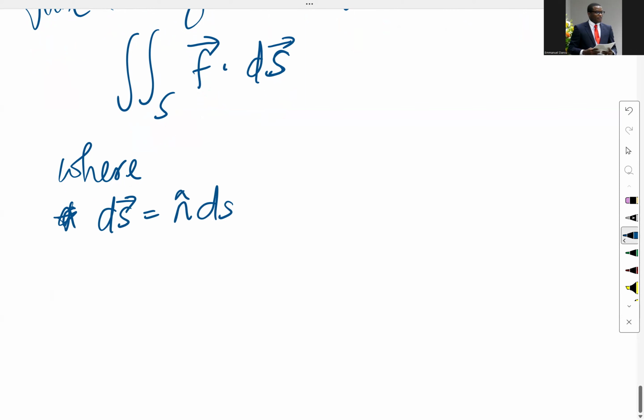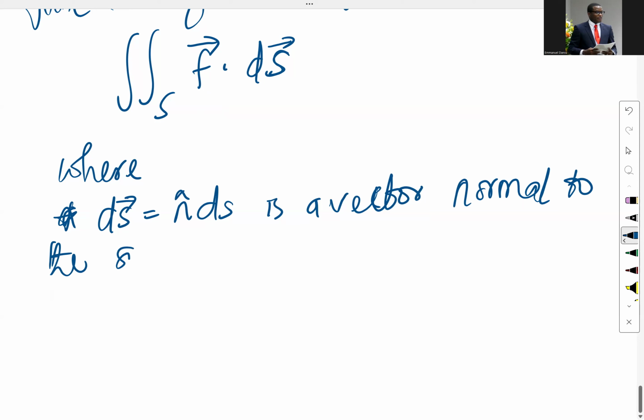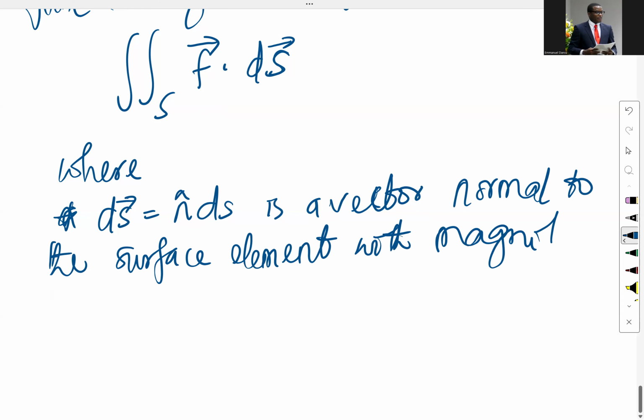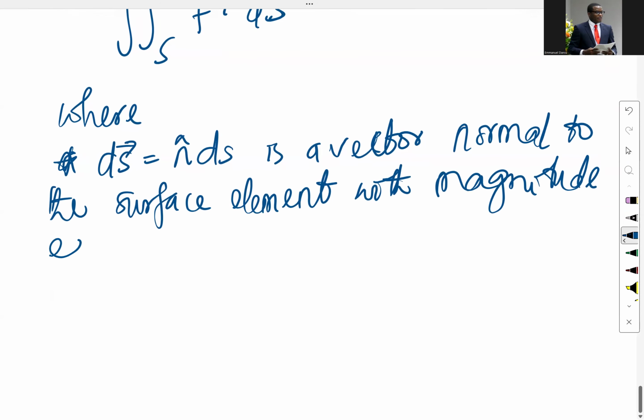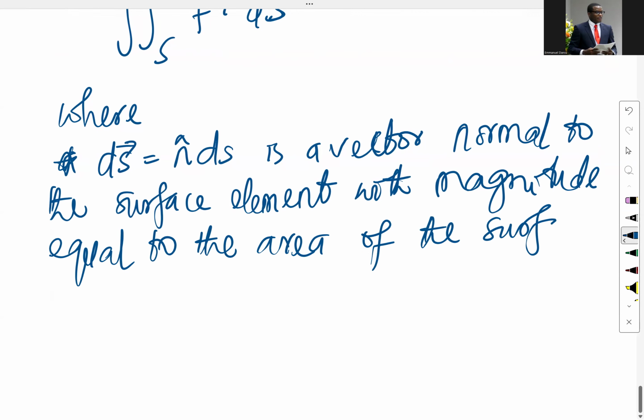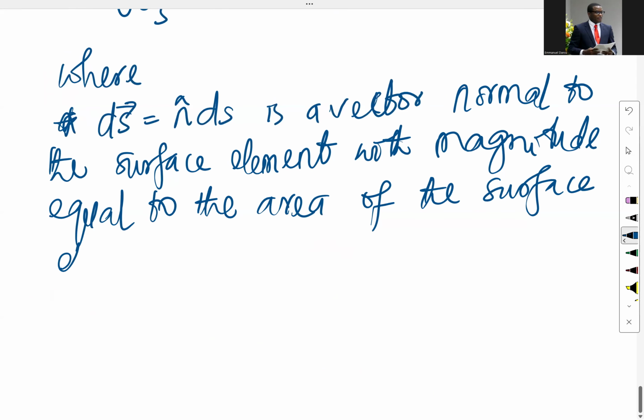So that is actually a vector. It's a vector normal to the surface element, with magnitude equal to the area of the surface element, that is dS.